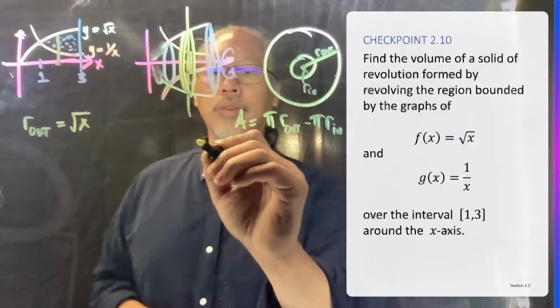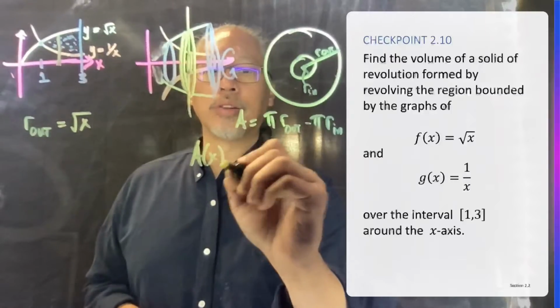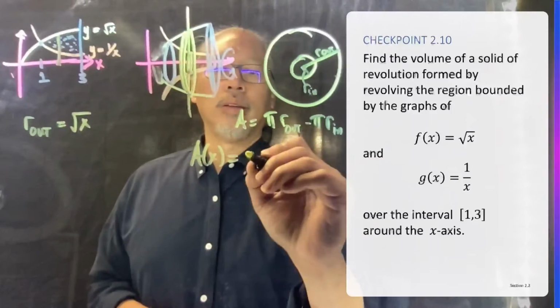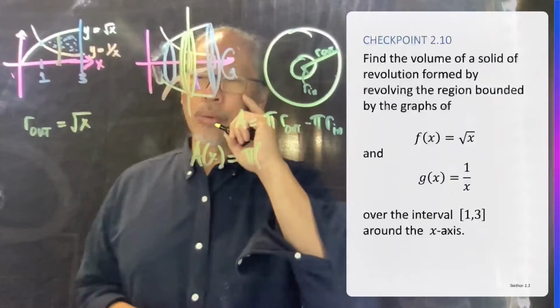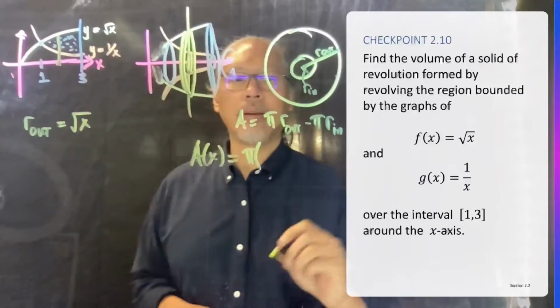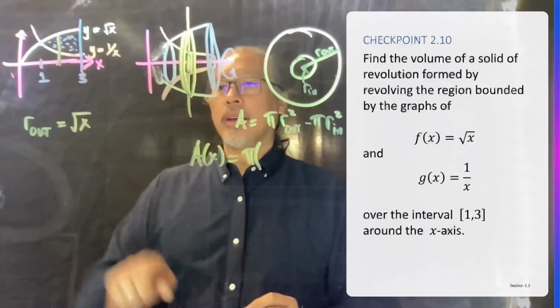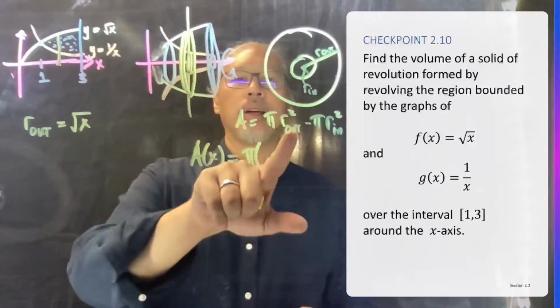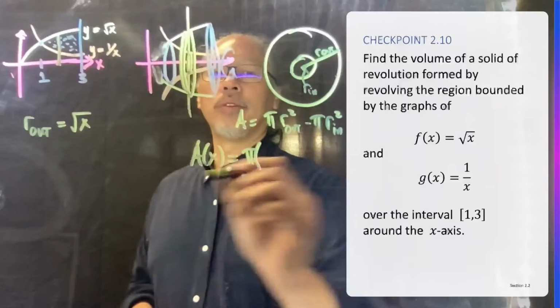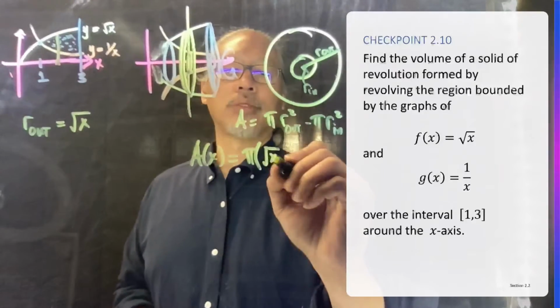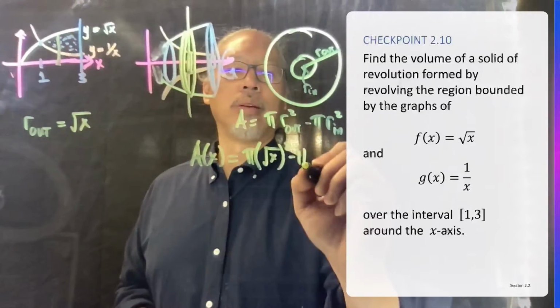So it looks like we're going to eventually want to write our area as a function of x. That's pi times R out squared, because it's pi r squared. So R out is square root of x, and we put square root of x, then squared.